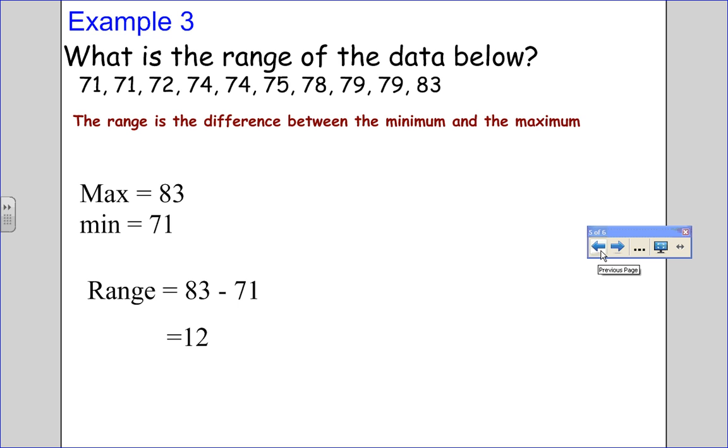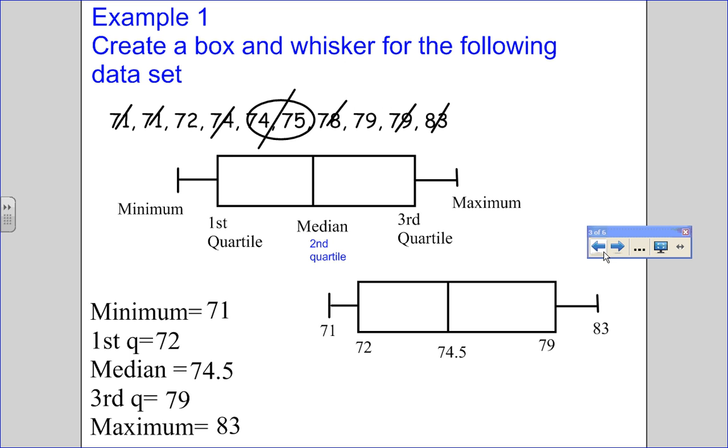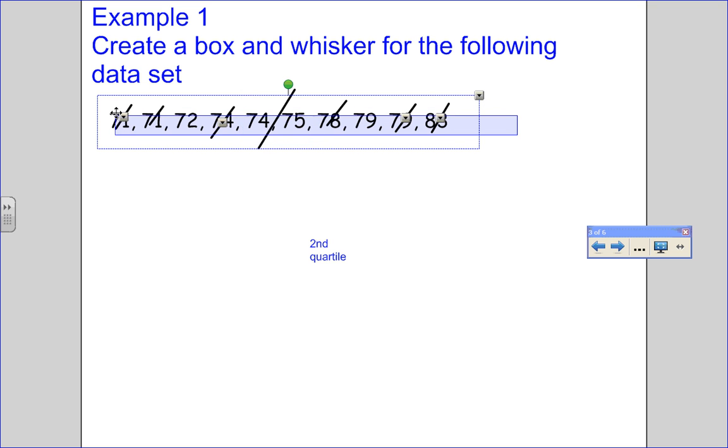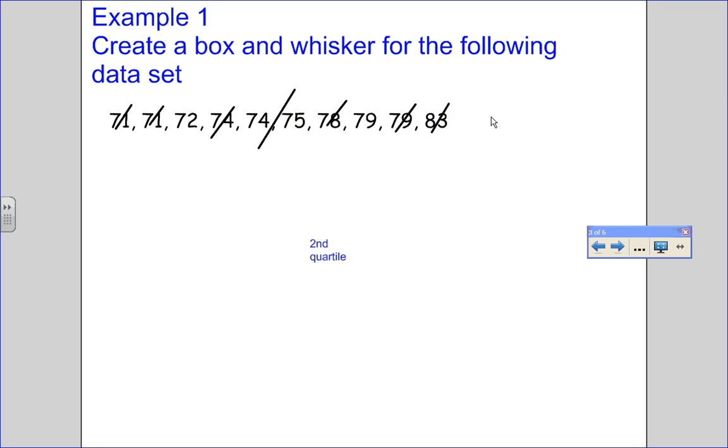Okay, what I'd like to do last is show you how to use the graphing calculator to make a box and whisker plot. So let's go back to example 1.